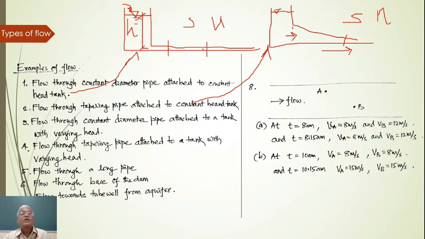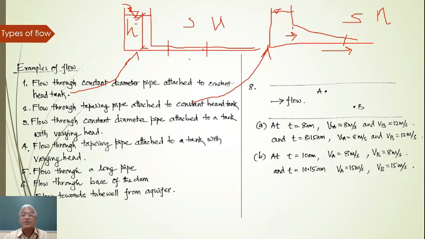uniform, but as time passes, the head is decreasing and the velocities will be continuously changing. What I mean is, suppose in the beginning the head is 10 meters, here it will be 5 meters per second, let us say. Here it should also be 5 meters per second, because it is a constant diameter pipe. Now once it becomes 8 meters, the velocity will obviously be reduced, maybe it is now 4 meters per second, and this should also be 4 meters per second.